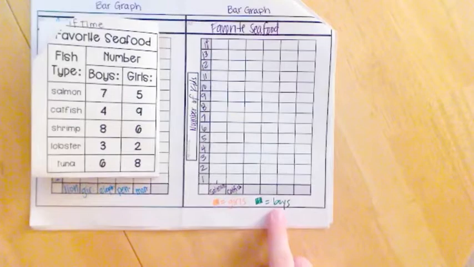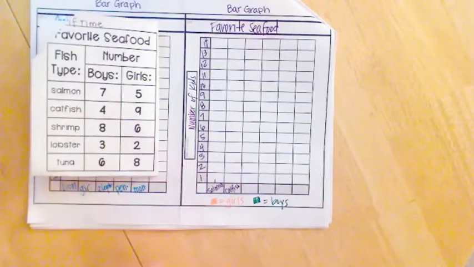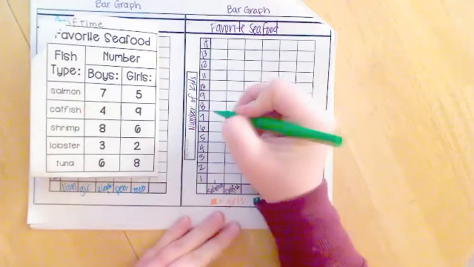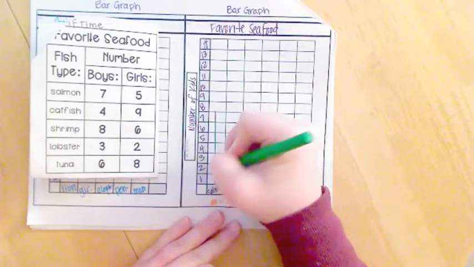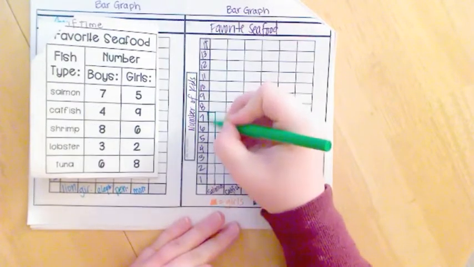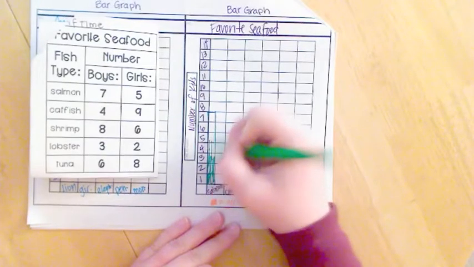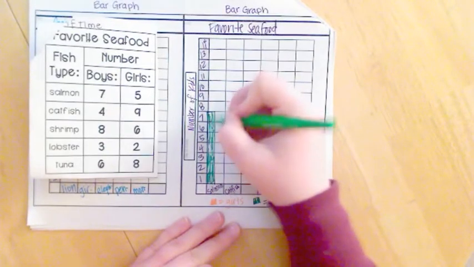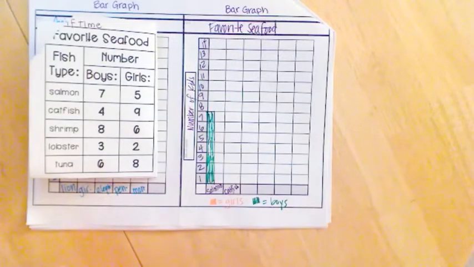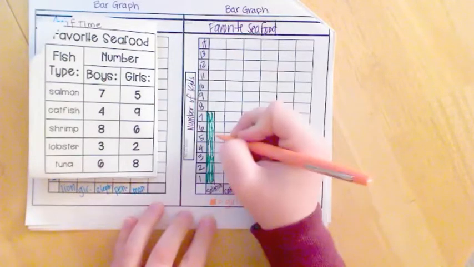So the boys, like 7 boys like salmon. So I have to go all the way up to 7, but I'm only going to use half. Okay, so I've got to keep it in the salmon column, 7 boys. And then girls, 5 girls.